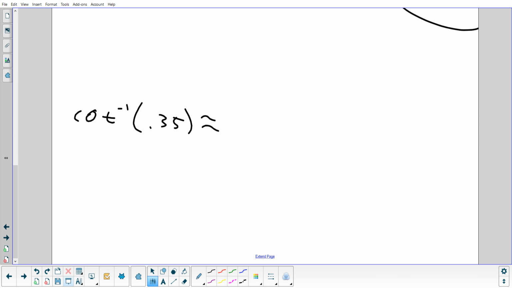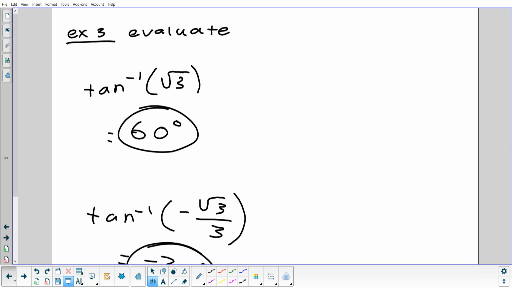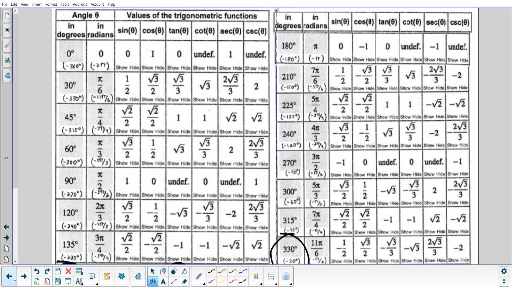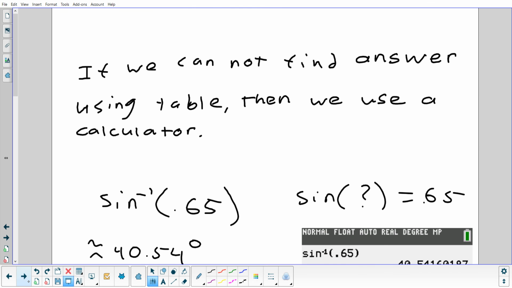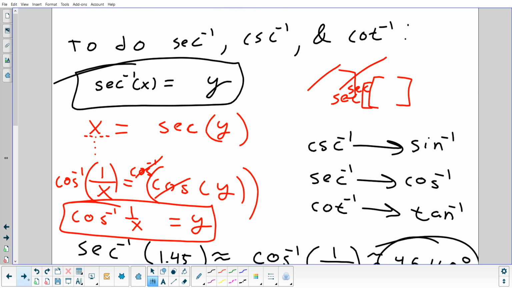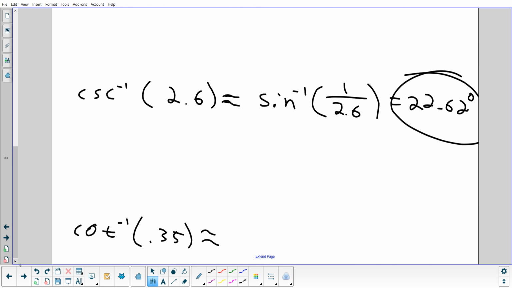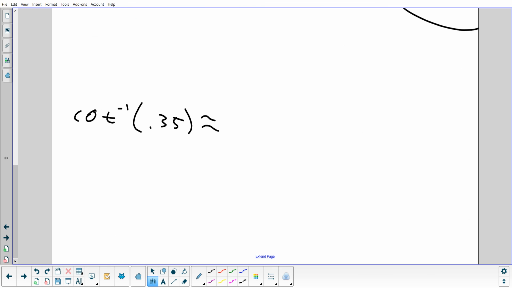All right, last one. Inverse cotangent 0.35. John, is 0.35 a number we can find in the chart? No, I don't think so. No, if you look back at it, you're not going to find 0.35 anywhere in that chart. Okay, so fine, we use a calculator. Do we have a button for inverse cotangent?